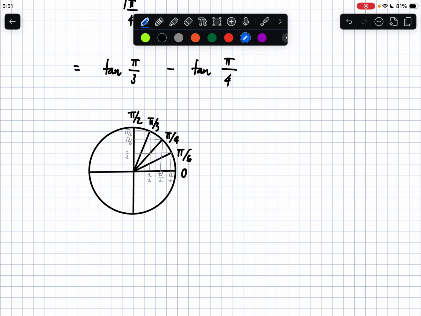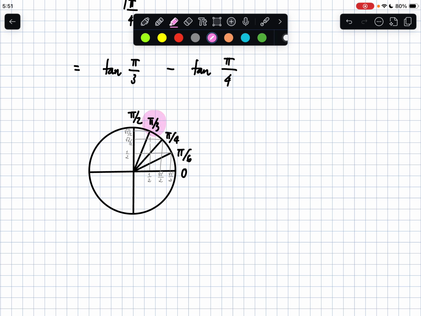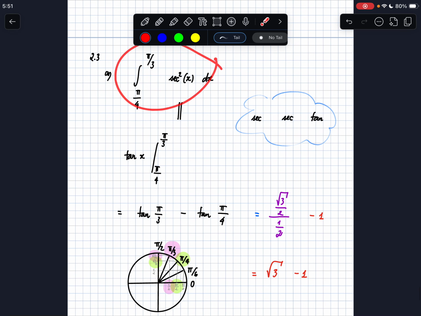So with this, you know that tangent of pi over 3 is sine divided by cosine, square root of 3 over 2 divided by 1 over 2, minus tangent pi over 4, root 2 over 2 divided by root 2 over 2, which is 1. So square root of 3 minus 1. This is our first integral.